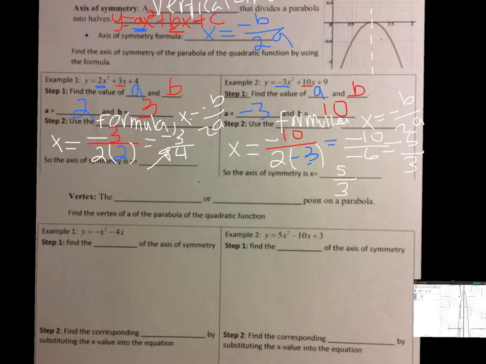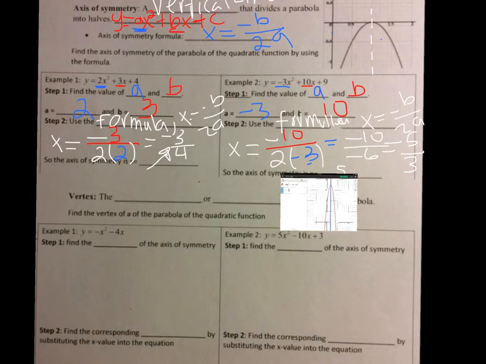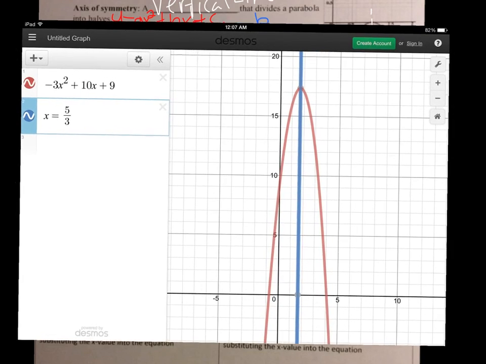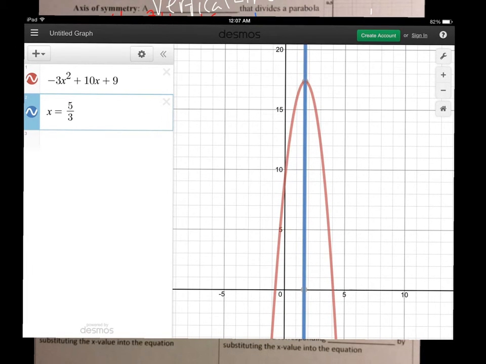And you're like, again, how do you know if you're right? Again, check on Desmos. My work on Desmos looks like this. I type in the equation negative 3x squared plus 10x plus 9, and that gave me this maroon parabola that's facing down.